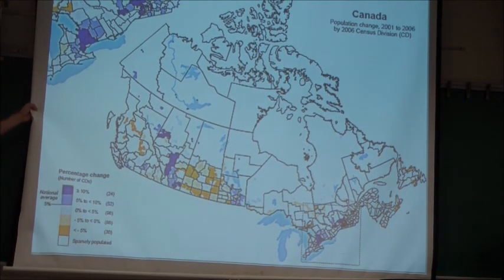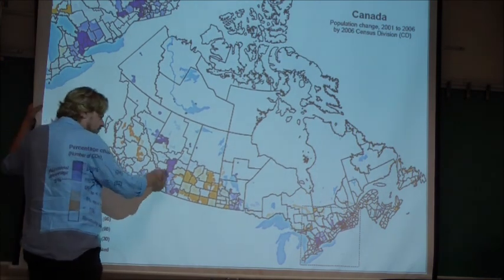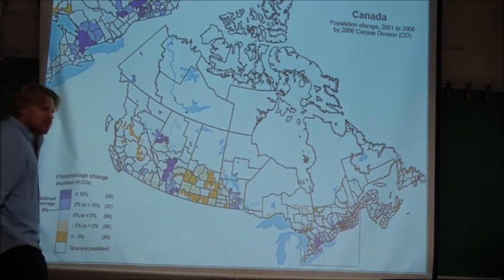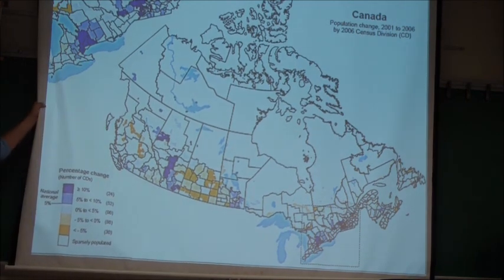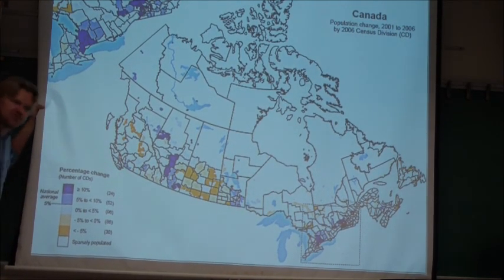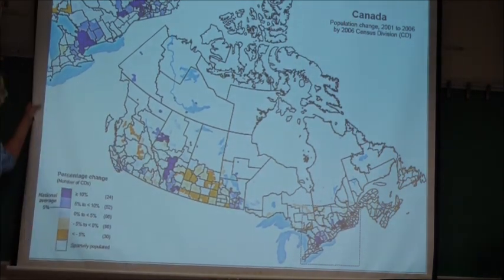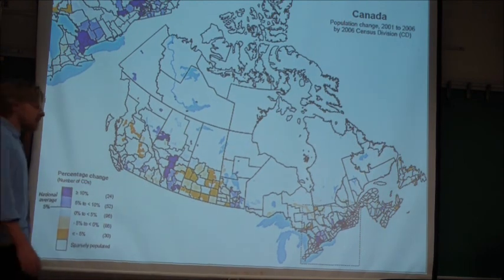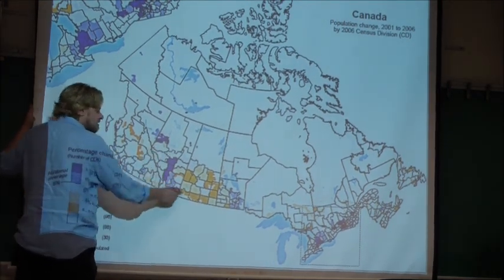A lot of the same things I mentioned in the previous slide regarding the United States. Right through here is the Rocky Mountains. There's a city called Calgary, which is becoming more popular. Banff, B-A-N-F-F, is a big ski resort, which is attracting a lot of people. So a lot of people are moving here for the amenities. But also, what's found here? A lot of jobs, a lot of resources, a lot of mining, a lot of ag happening here.